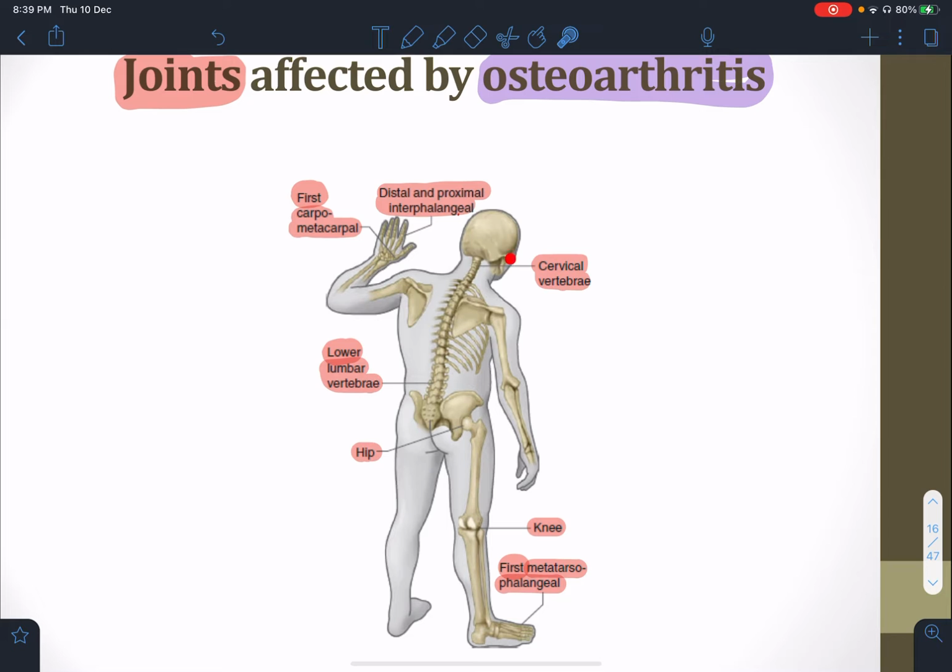We all know these areas are essential for weight bearing, because the intervertebral discs are the largest and the thickest for weight bearing purposes. And the hip and the knee and the first metacarpophalangeal. Be careful, it's the first metacarpophalangeal. Here it's the first carpometacarpal.